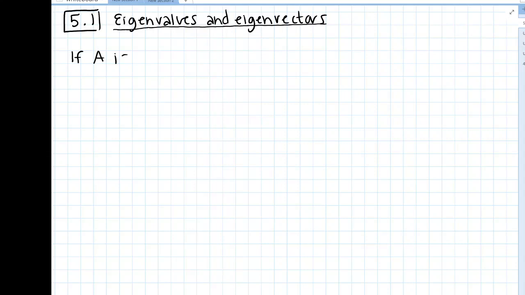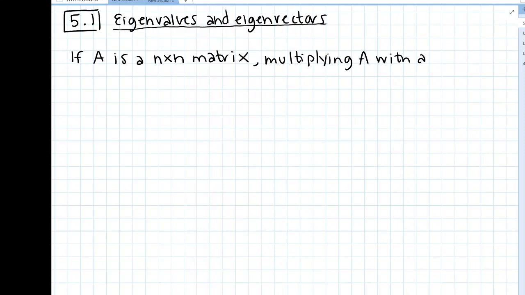So if A is an n by n matrix, in general, if you multiply A with a vector in Rn, because it would have to be in Rn for you to multiply it, let's call it x, what happens when you multiply them together is you get another vector in Rn, because of how the dimensions work out.